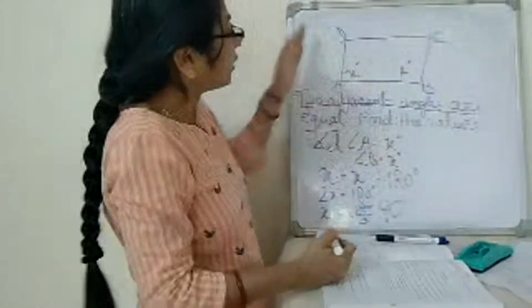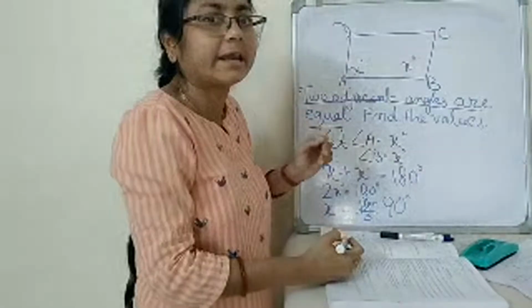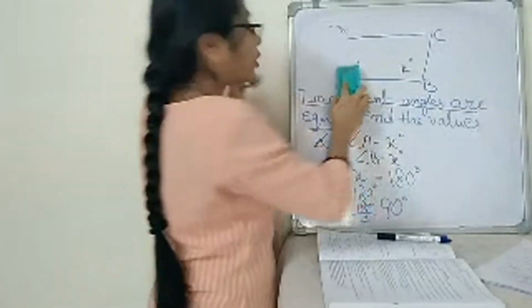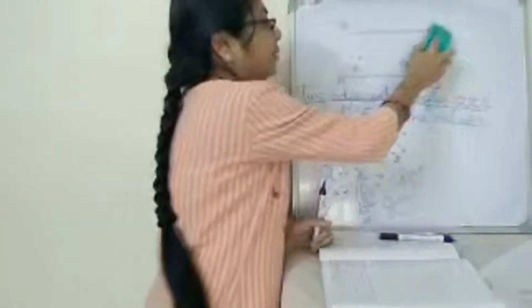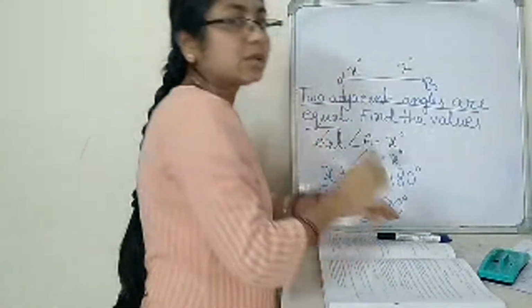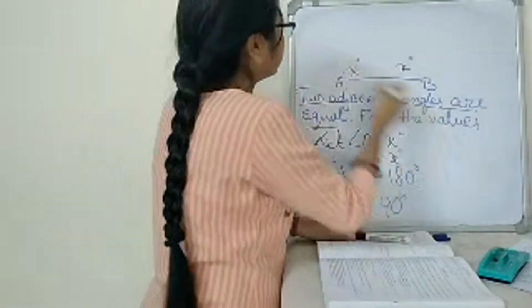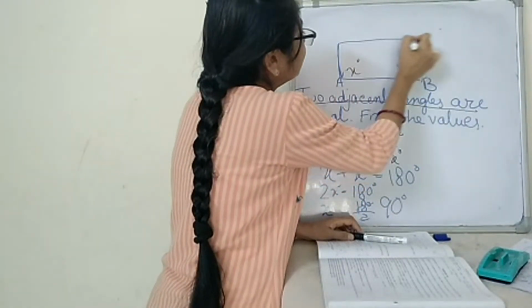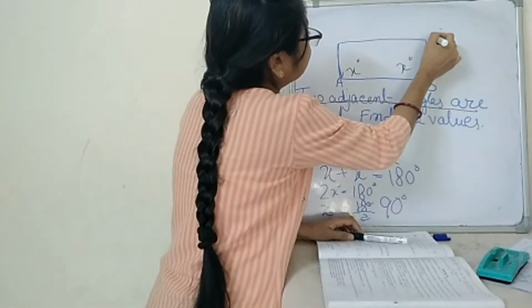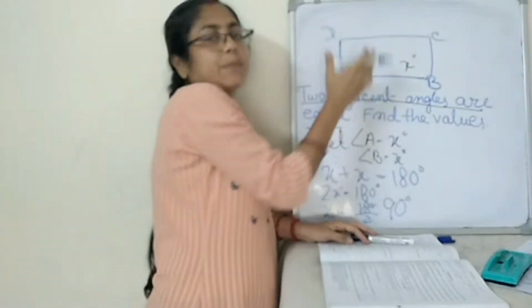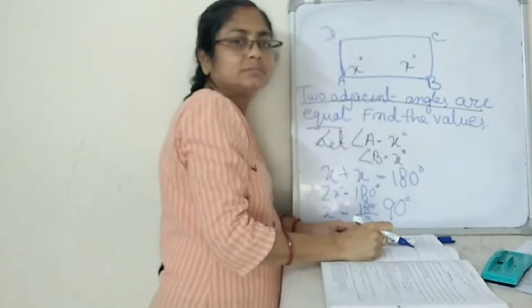Clear? But look, in this picture it does not look like 90 degrees. Then I can rub it and draw the picture accordingly. According to the answer, I change the picture because in my picture the figure does not look like 90 degrees. So I change it a little bit. Can you tell me this parallelogram's name?